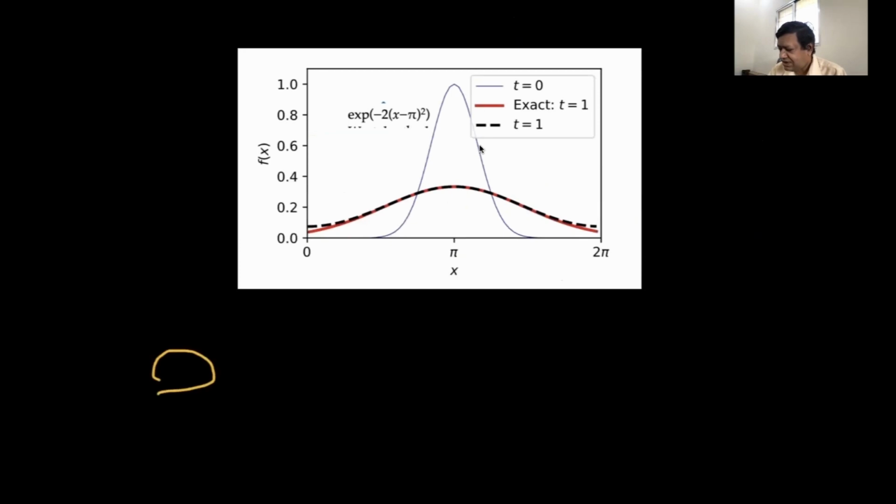And this is the solution. At t equal to 0, we had a Gaussian profile peaking at x equal to pi. And at t equal to 1, the numerical value is the black one, and the exact f is the red one. The exact solution, which was done by Fourier, you can easily solve; it's there in the book.